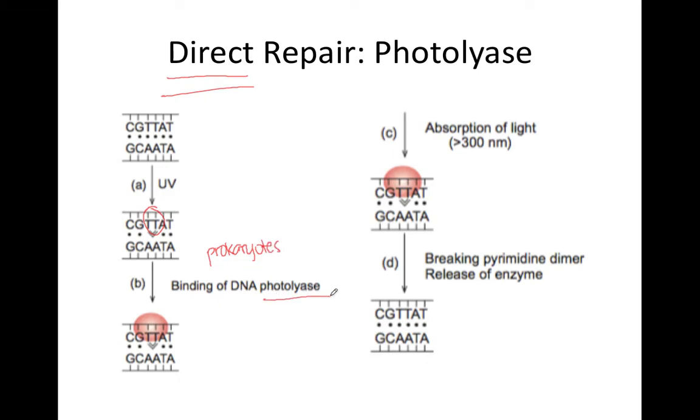It's termed photolyase because the photo part means it requires light to activate it. Specifically, photolyases are activated by blue light.